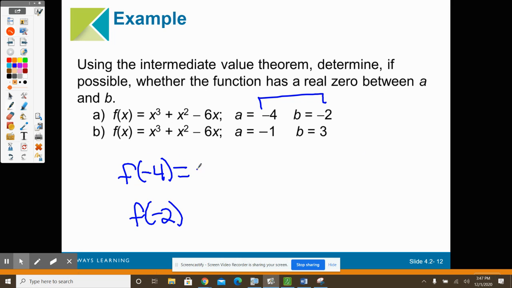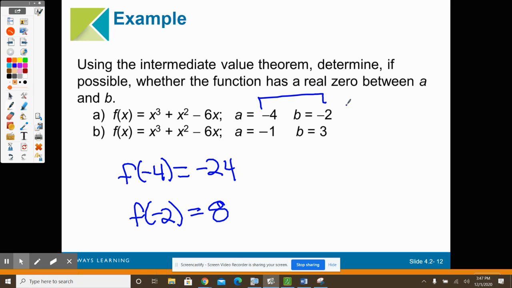That's negative 24. Plug in the negative 2. Negative 2 to the 3rd, oh, sadness, plus negative 2 squared minus 6 times negative 2. And I get 8.